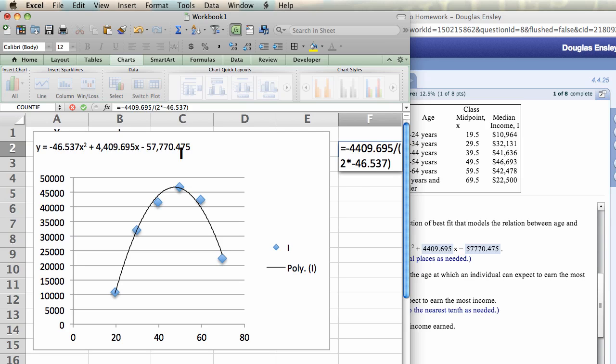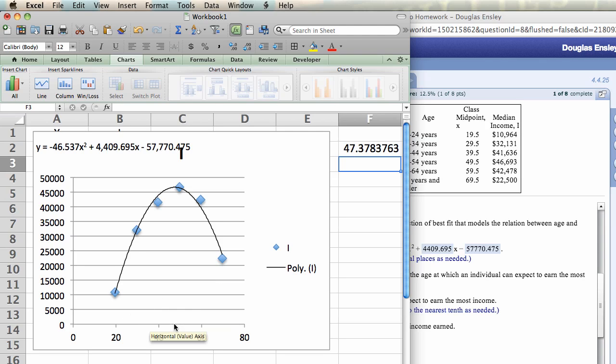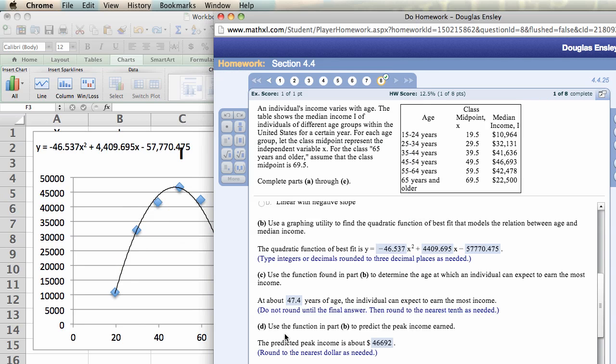So here I'm just doing negative b over 2a. If you've never used Excel as a calculator before, all you have to do is start your expression with the equal sign, and that tells it that this is going to be a formula, and then Excel will evaluate it. So the question asks for the age to the nearest tenth. The x-coordinate of this parabola looks like it's 47.4, and so the x-coordinate is the age. So at age 47.4, this model is predicting that you're going to be at your highest income level.